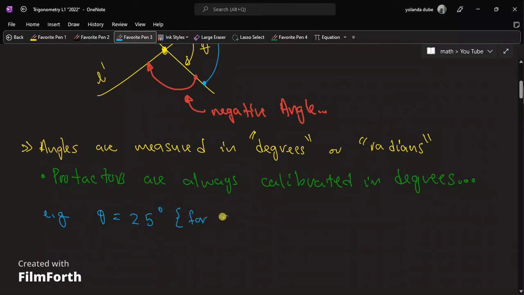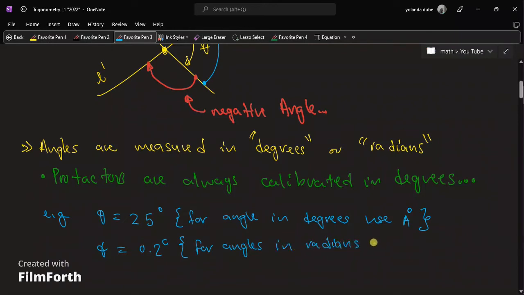So for angles in degrees, we use this symbol at the top to signify angles in degrees. But if theta is in radians, this is how we write it. So you will say 0.2c. So for angles in radians, we use c, like that.